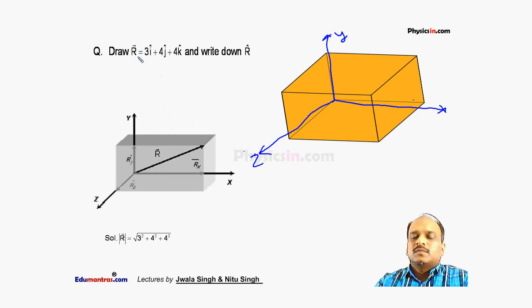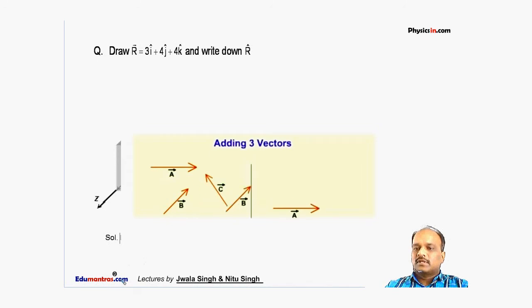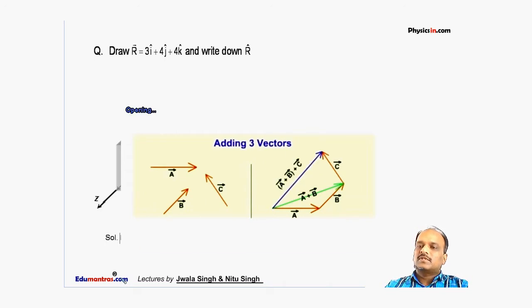Now as we know, vector R is equal to vector A plus vector B plus vector C. First we bring vector A, then we will bring vector B, and then vector C. This is called vector A plus B plus C.